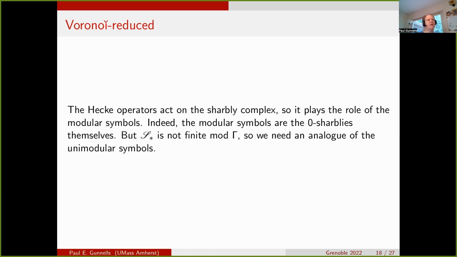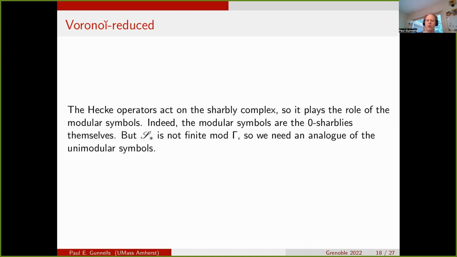We could use determinant, but I want to stay away from that, at least a priori, because determinant is maybe not the right thing to do if you don't have a Euclidean field. It's better to try to do something more geometric involving the complex itself.